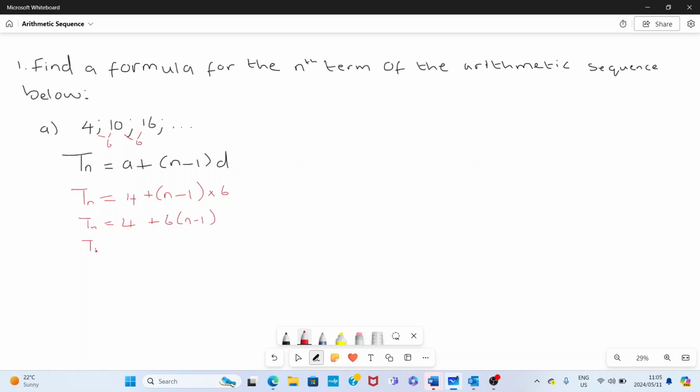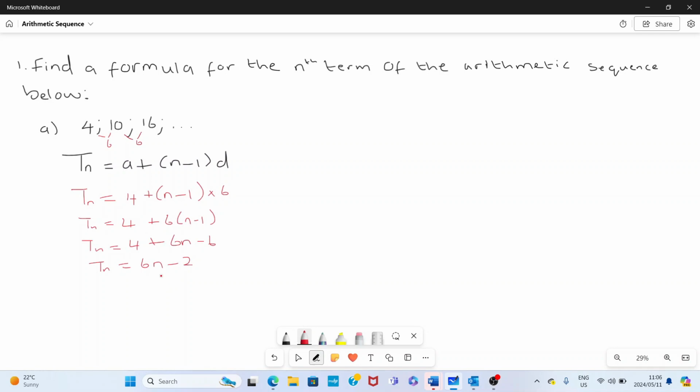We can continue to reduce this to 4 plus, if you multiply out the brackets, 6n minus 6. So you'll have 4 minus 6, which would give you negative 2. So you can write it as 6n minus 2. This is basically your formula for the nth term of this arithmetic sequence.